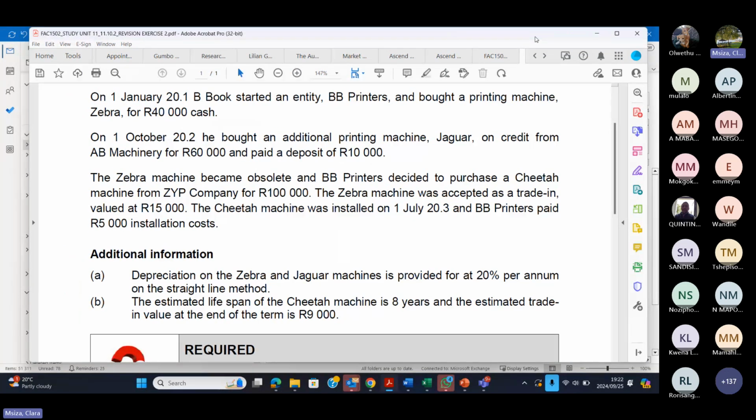I'm trying to see how I can navigate the two because I'm using one screen.